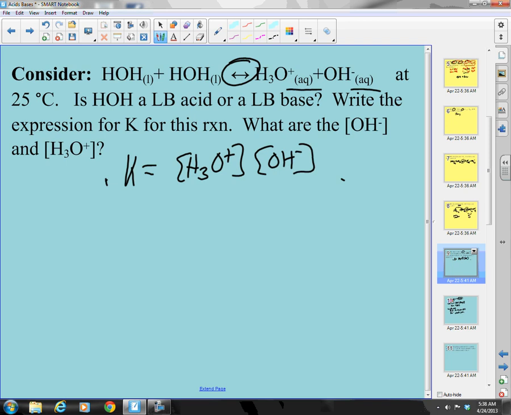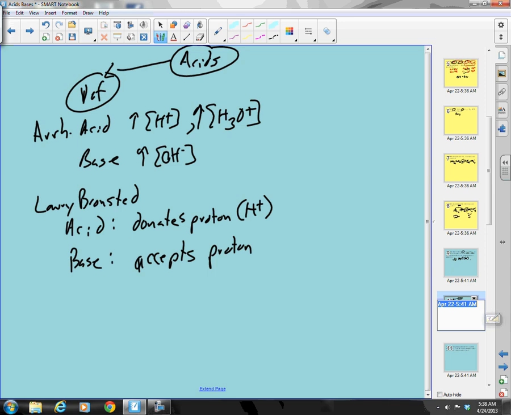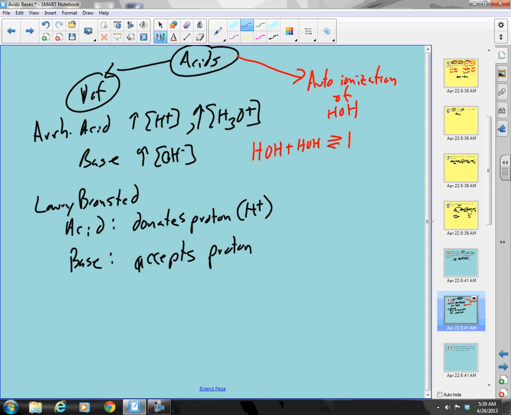And this K is so important to us that we actually give it a subscript, and we call that Kw. Let's go back here and add some notes, because this is really important stuff. Let's talk about the auto-ionization of water. That's what we have reacted there. Water plus water is in equilibrium with hydronium plus hydroxide.